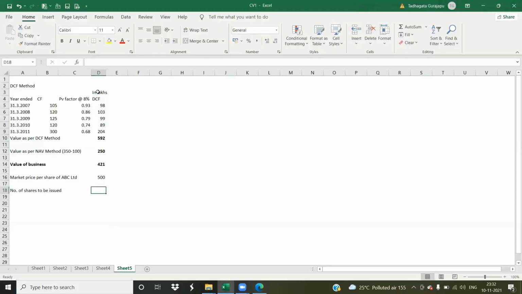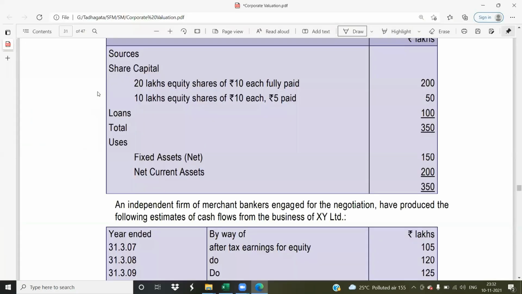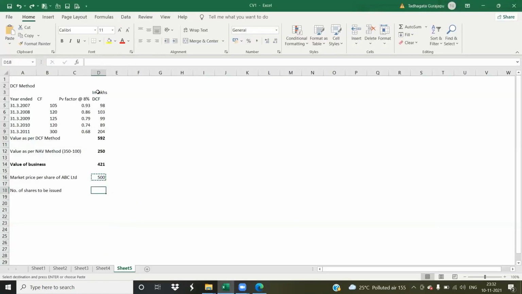Number of shares to be issued is equal to, this is again in lakhs.